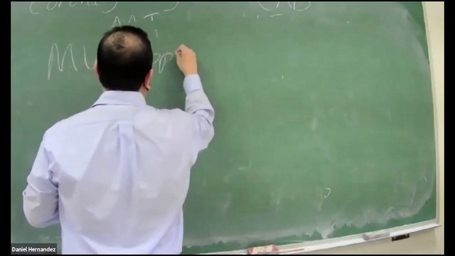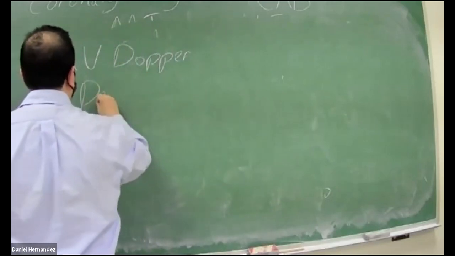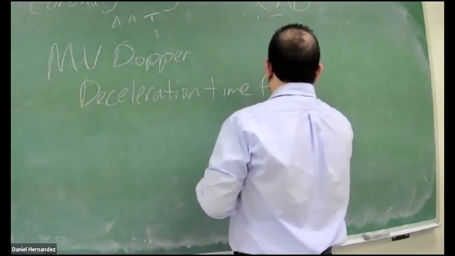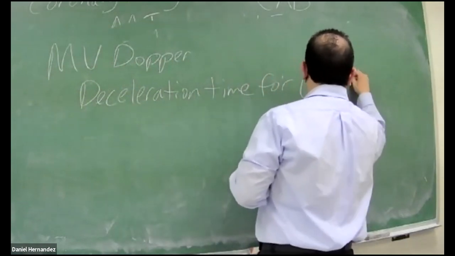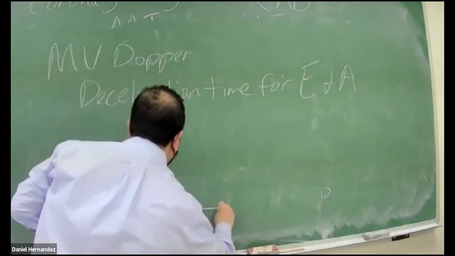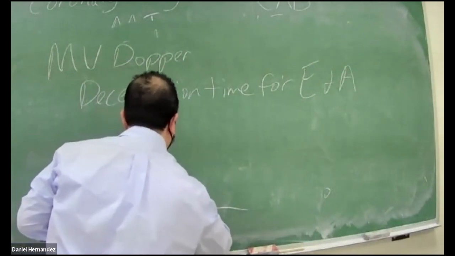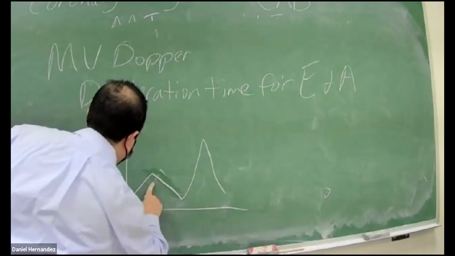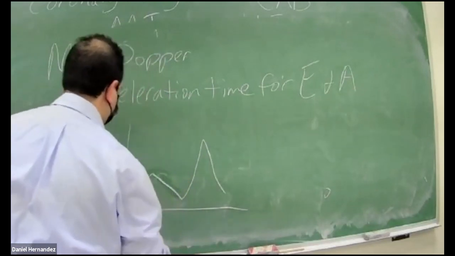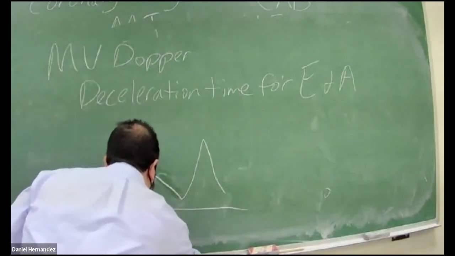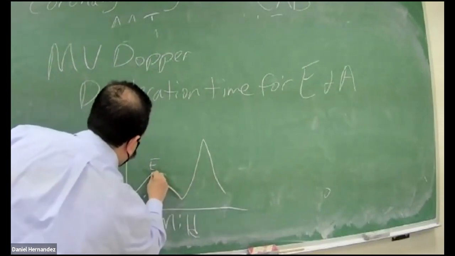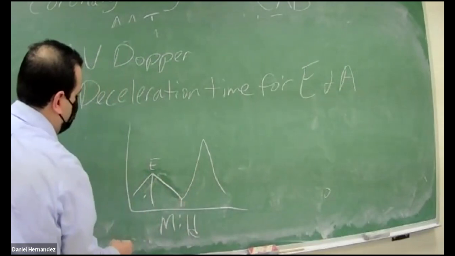Well, I guess also with that mitral valve Doppler, you also have to be mindful of the deceleration times for E and A. So with that first stage, or mild diastolic dysfunction, this deceleration time, the time from here to here, it takes to go back down is going to be increased.